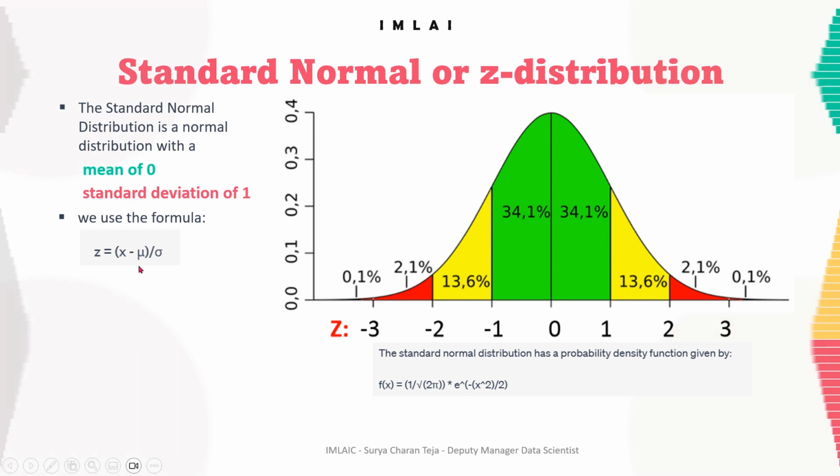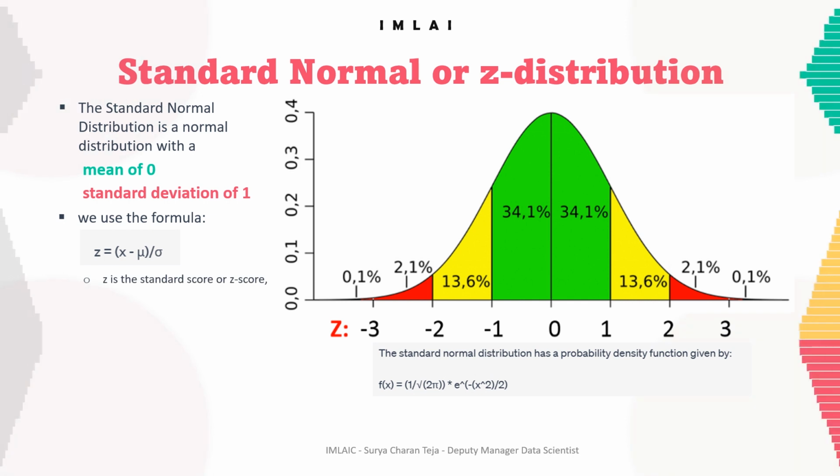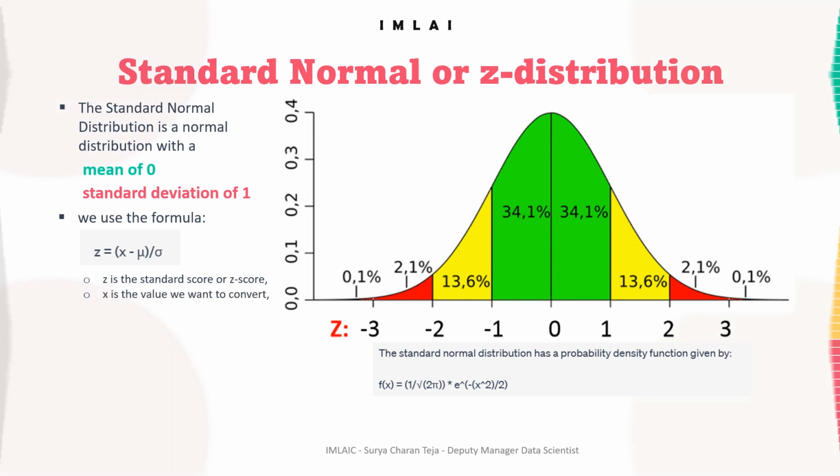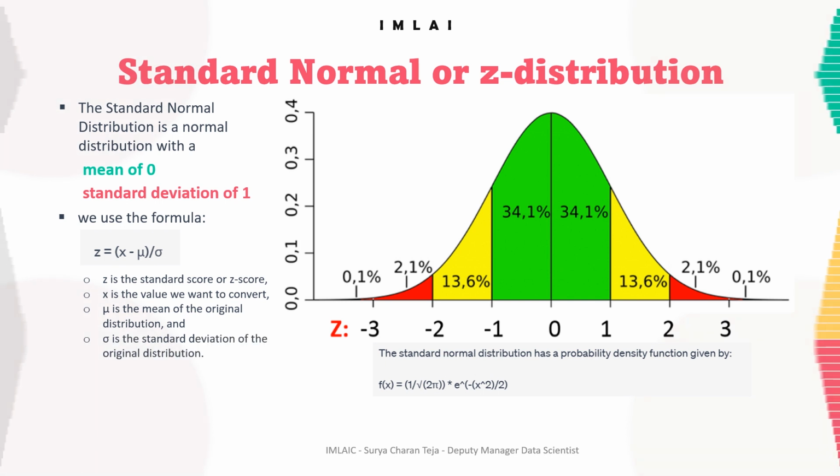So Z is equal to x minus mu, the whole divided by sigma, where Z is the standard score or Z-score. Normally we widely call it a Z-score. X is the value that we want to convert, mu is the mean of the original distribution, and finally sigma is the standard deviation of the original distribution.